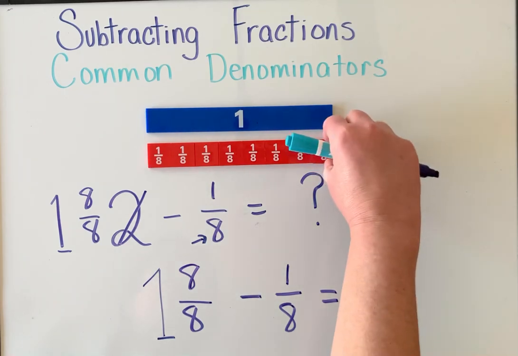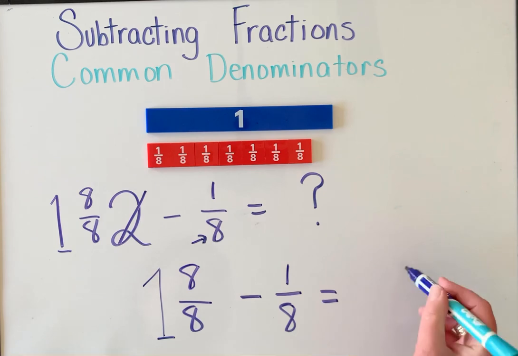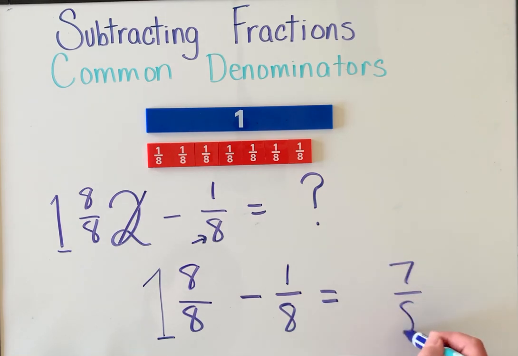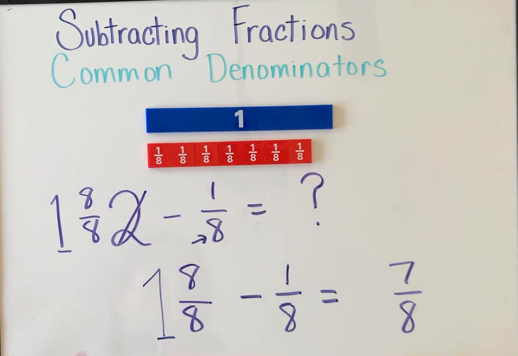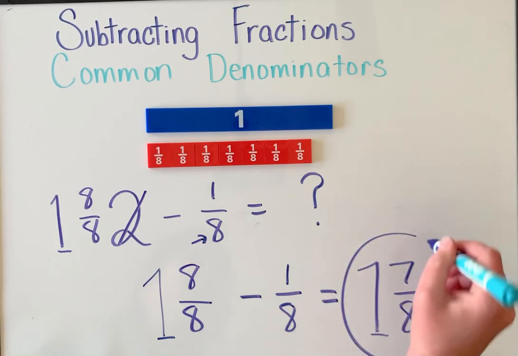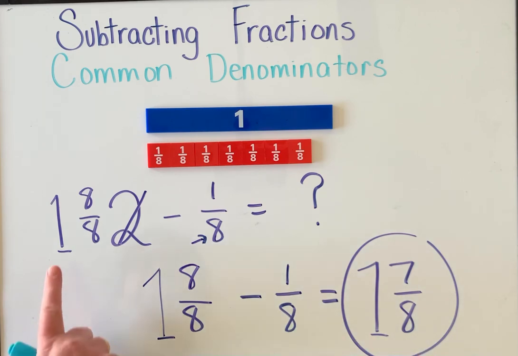So if I take away 1/8 piece, that leaves me with 7/8. But is that all? No, don't forget that whole. That 1 whole that we left, it's still there. So all together, I have 1 whole and 7/8 left after converting one of my pieces to a whole.